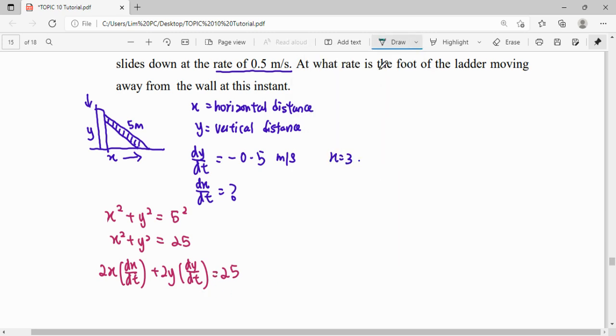Since we already have our value of x, we can use our formula where x squared plus y squared equals 25. So 3 squared plus y squared equals 25. So y squared equals 25 minus 9. So y will be equal to 4. We didn't put the negative because y is a distance, and distance will not be negative.